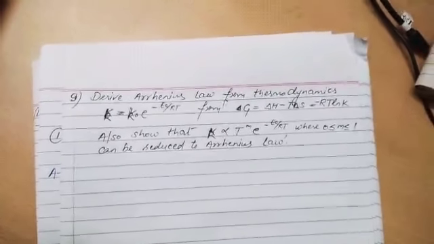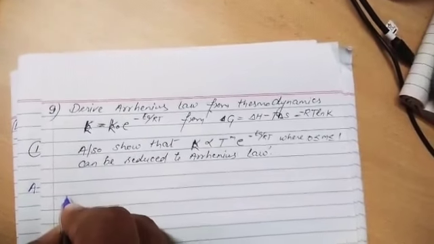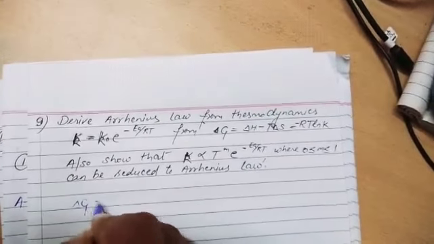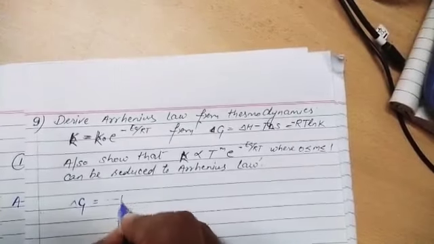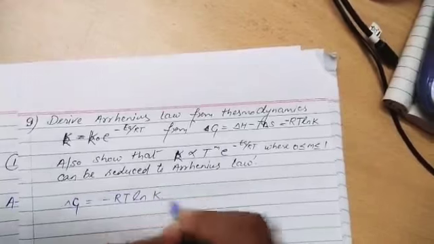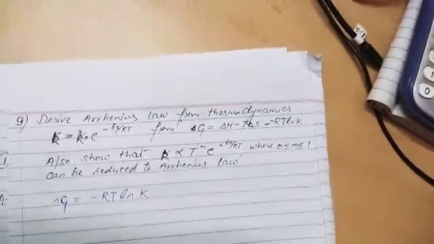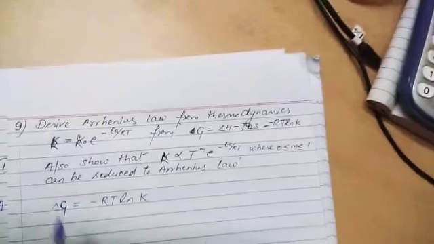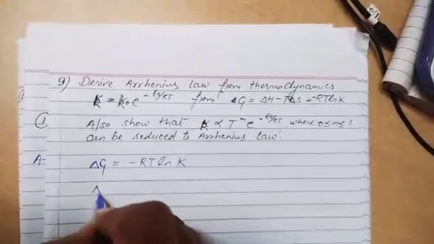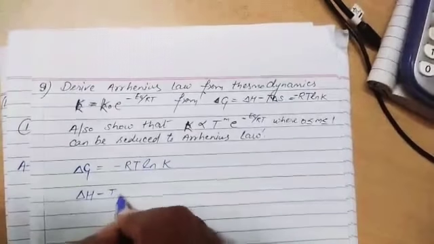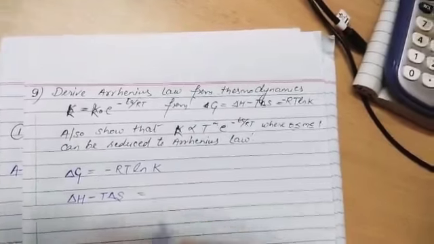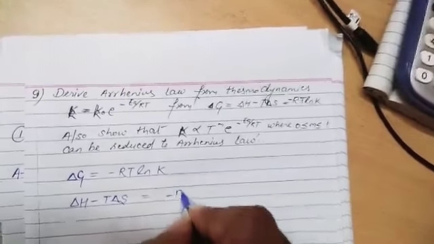Okay, so first of all we will be starting from the Gibbs free energy equation, which we can write as delta G is equal to minus RT ln K, which is nothing but a special case of the Clausius-Clapeyron equation. We also know that delta G, the Gibbs free energy, we can write as delta H minus T delta S, where delta H and delta S are the change in enthalpy and change in entropy respectively.